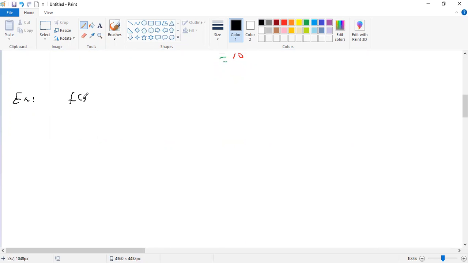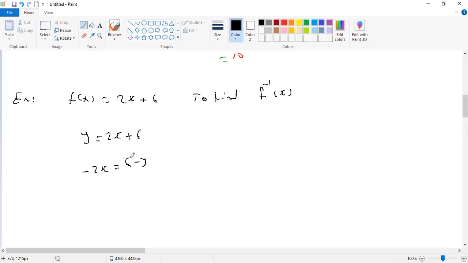If we have f of x equal to 2x plus 6, I also want to find f inverse of x. So y equal 2x plus 6. What you have to do now is move x to one side. So we have minus 2x equal to 6 minus y.